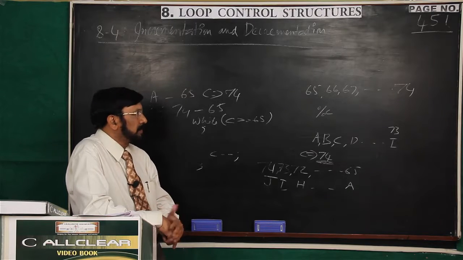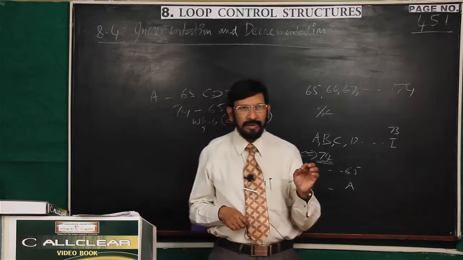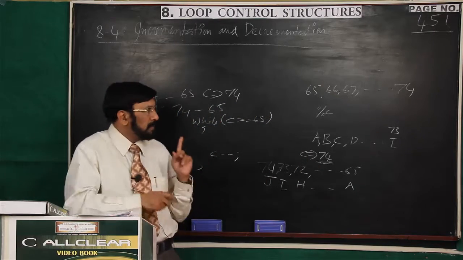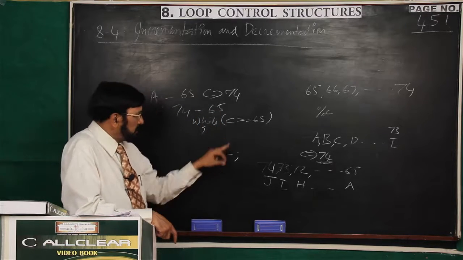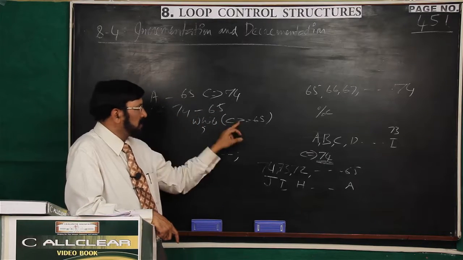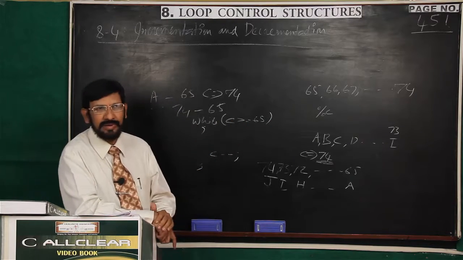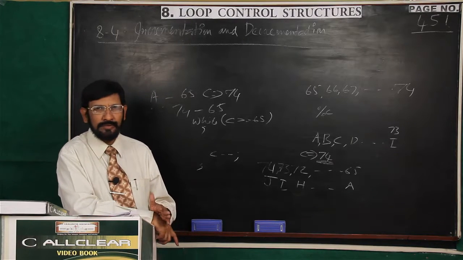In this way, depending on the requirement of the program, we increment or decrement the loop. Both are possible. But while writing expressions, you should be very careful. In decrementation, you normally use greater than or equal to, and in incrementation, less than or equal to. Study this program carefully and understand.